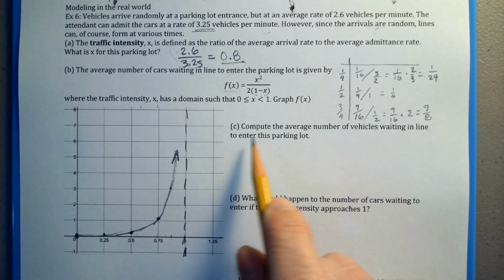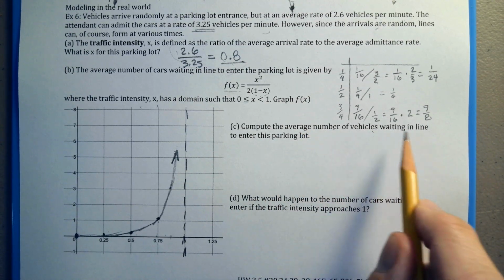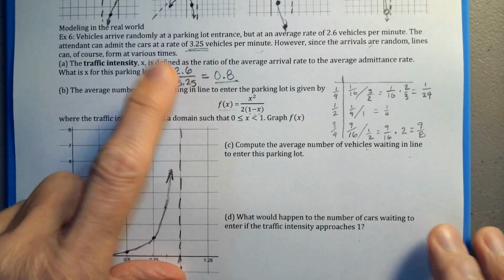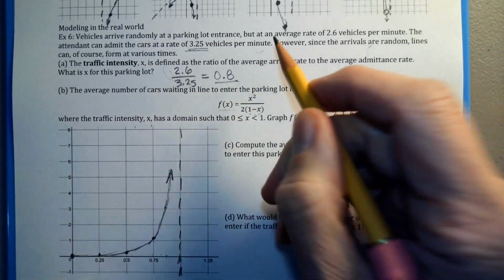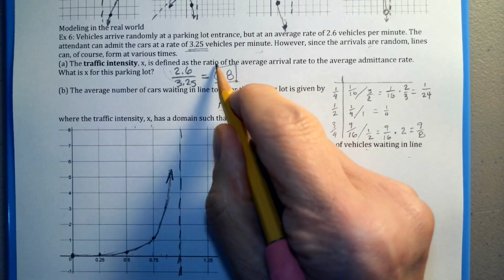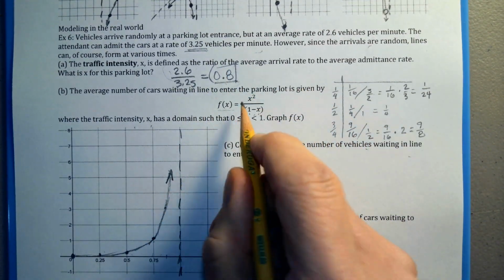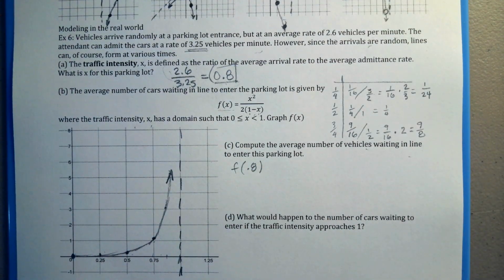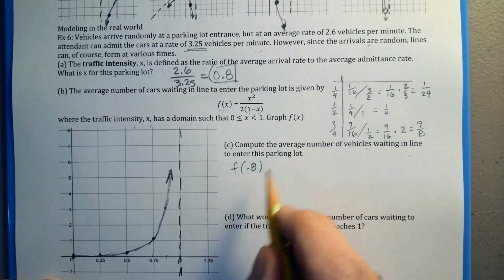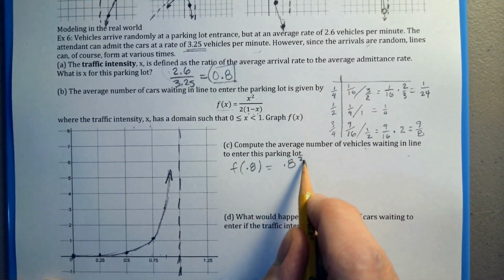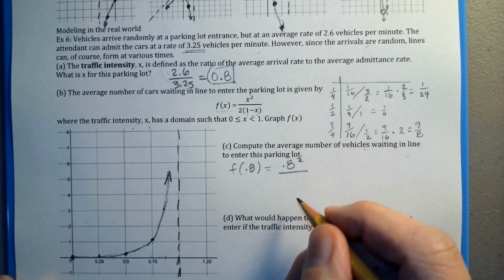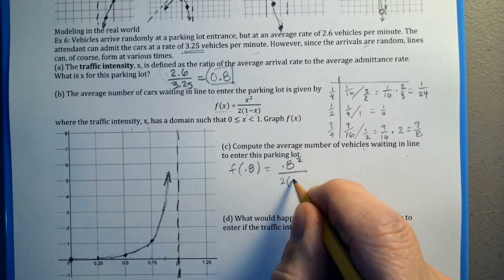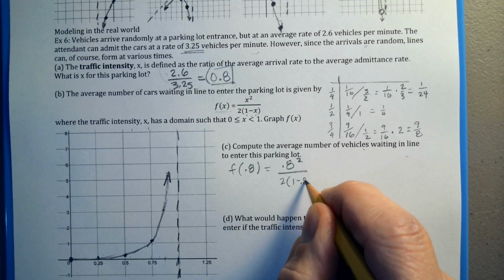All right, so it says compute the average number of vehicles waiting in line to enter this parking lot, right? So the x value for this parking lot is 0.8. So simply find what f of 0.8 is, essentially what they're asking us to do there. Okay, so that's going to be 0.8 squared over 2 times 1 minus 0.8.